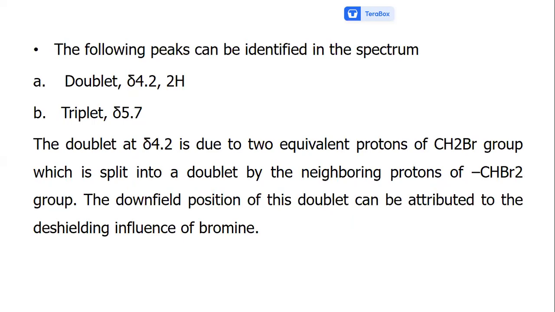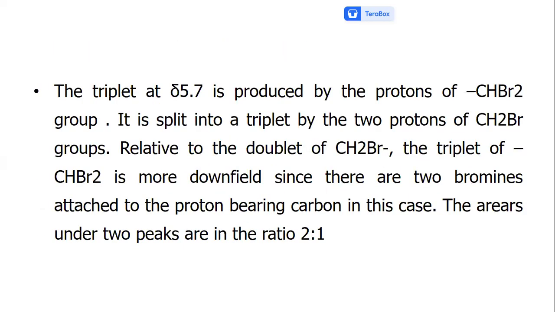The downfield position of this doublet can be attributed to the deshielding influence of bromine. The triplet at delta value 5.7 is produced by the proton of the CHBr2 group. It is split into a triplet by the two protons of the CH2Br group.